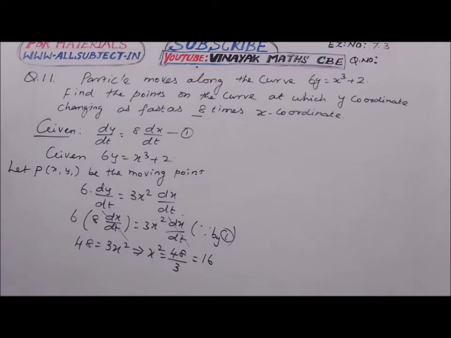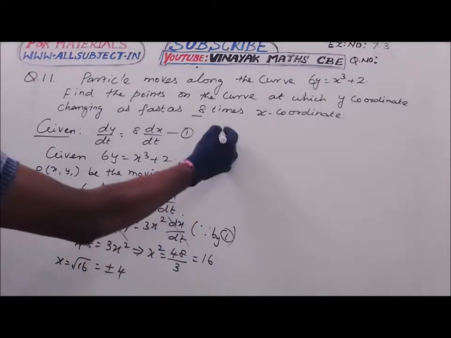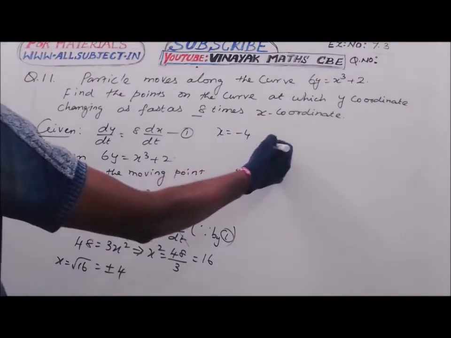Now we have x square equal to 16, x is equal to root of 16, that is equal to plus or minus 4. So there are two values for x. Here x is equal to minus 4 and x is equal to plus 4.